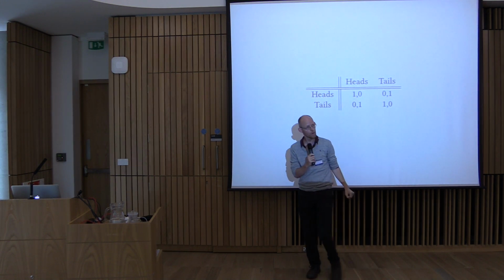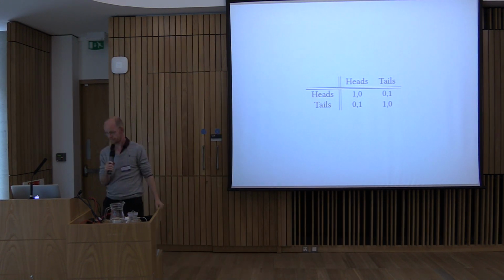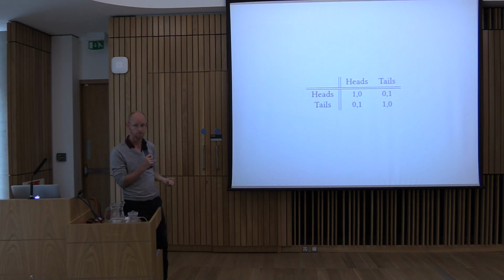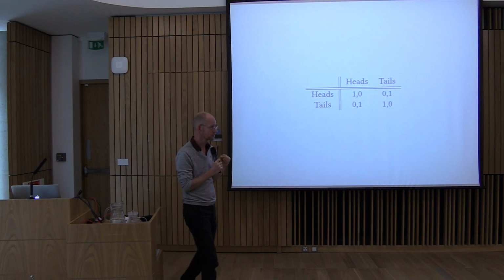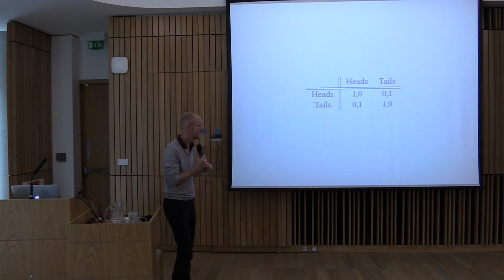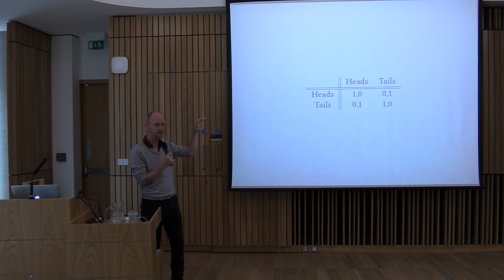So there is actually no combination that is a Nash equilibrium. That's strange, because there is actually a famous result by Nash saying that all strategic games have at least one Nash equilibrium.